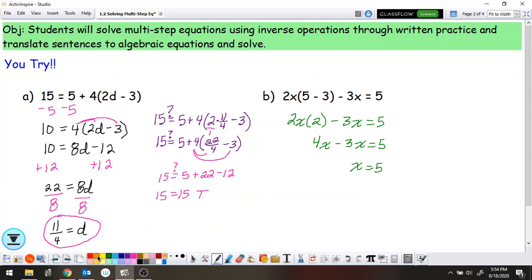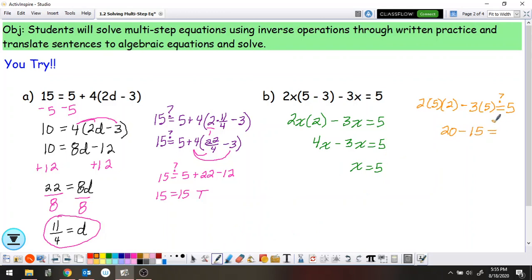So let's check our work. We end up with 2 times 5 times 2, because 5 minus 3 is 2. Subtract 3 times 5, and is that going to equal 5? 2 times 5 is 10, times 2 is 20, minus 15.